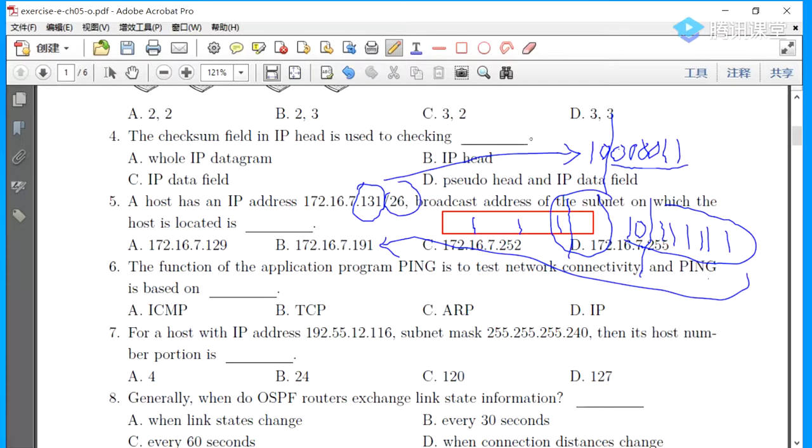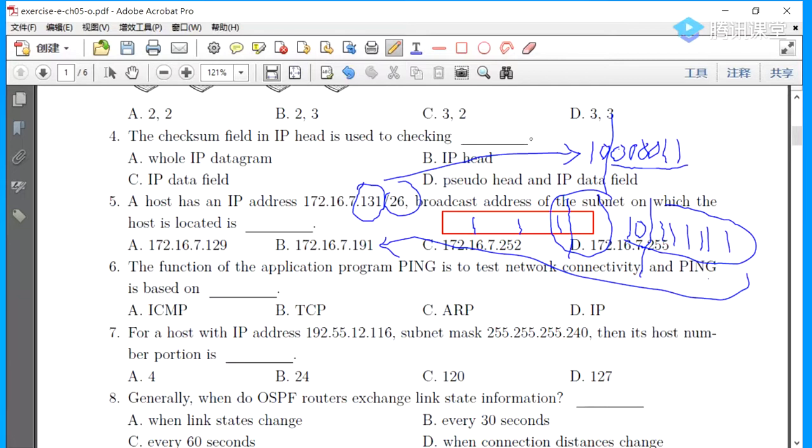So for these kinds of questions, we should grasp the method. From the /26, we determine the boundary between the prefix and the host portion. The boundary is located at the 4th byte, because this is 8 bits, 8 bits, 8 bits, the last 8 bits; the total is 32 bits.